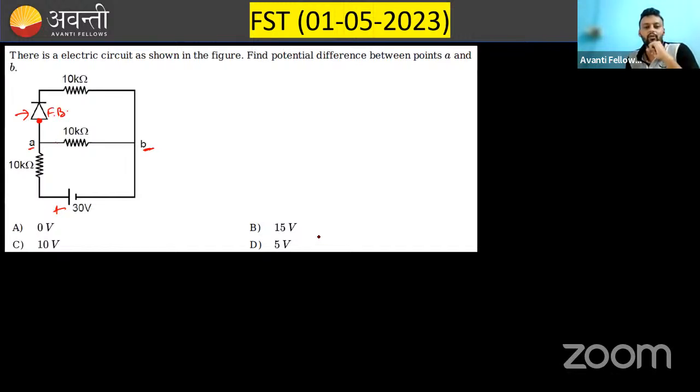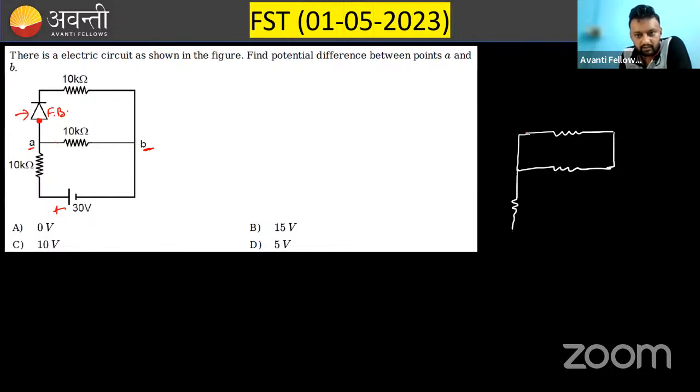So the final diagram will look something like this. I will draw it using some other color pen. One resistor, one more resistor, one more resistor, and there is a battery of 30 volt.